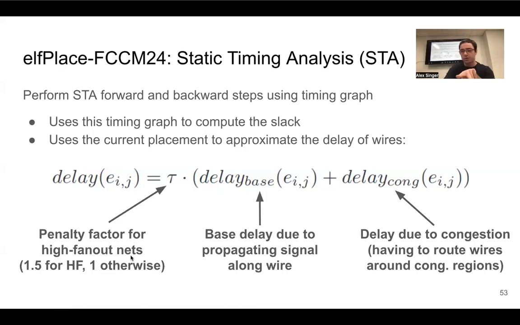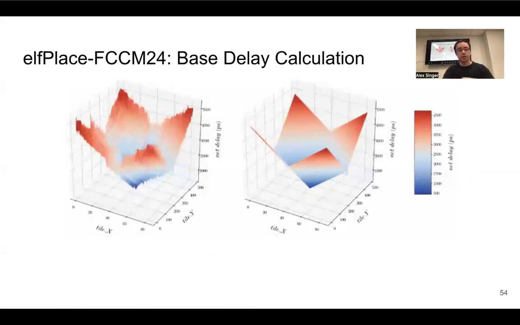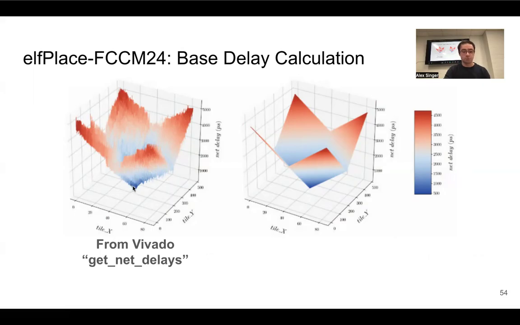But I want to look at these two terms, both base and congestion. For the base delay calculation, they actually pull the data from Vivado. From Vivado, they say get net delays, which gives them this information: from the center of the chip, what is the delay by going 40 tiles to the right and 40 tiles up, for example, and so on.